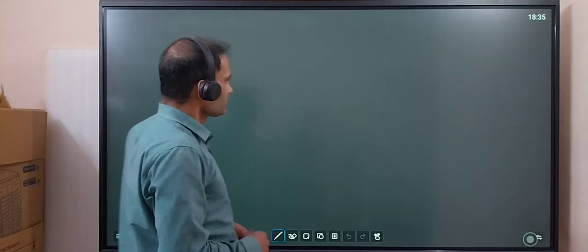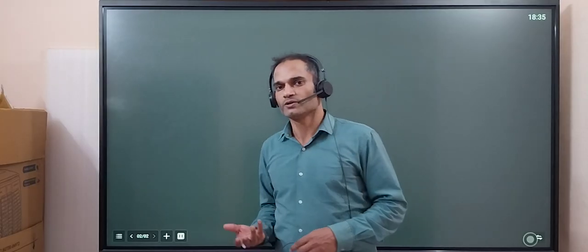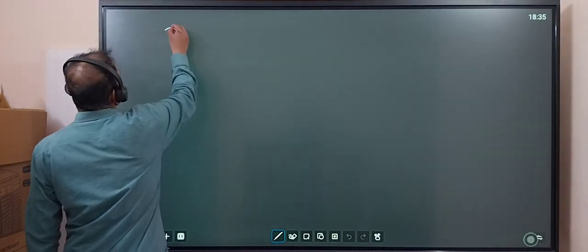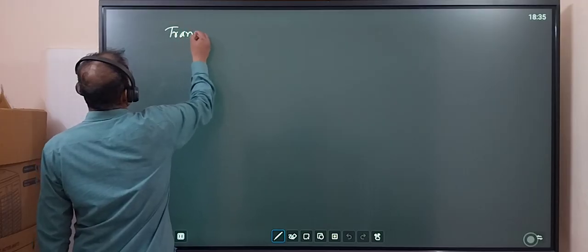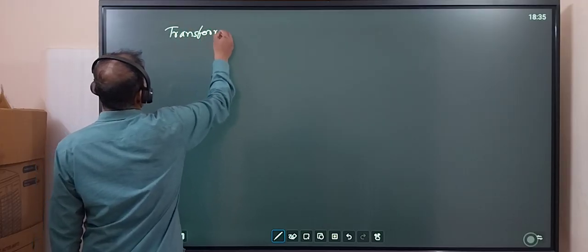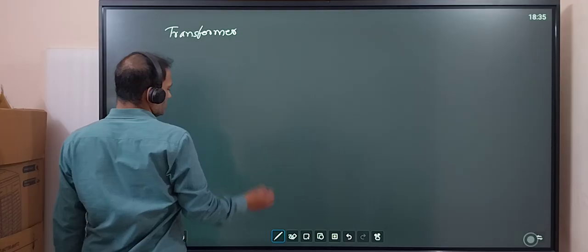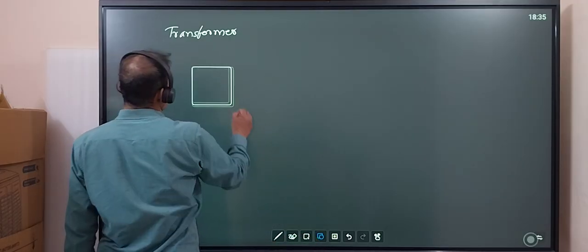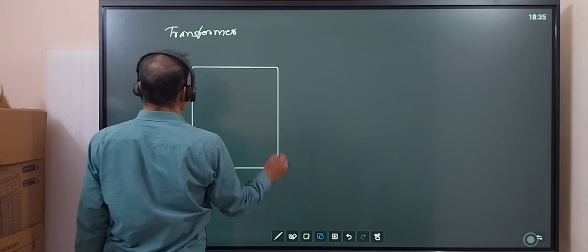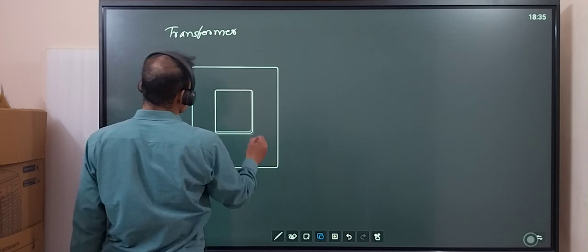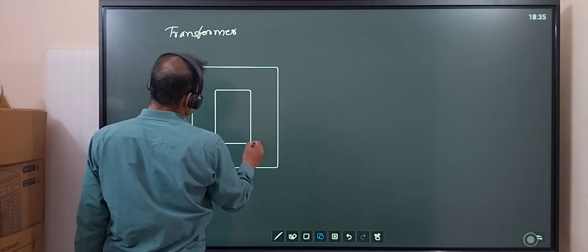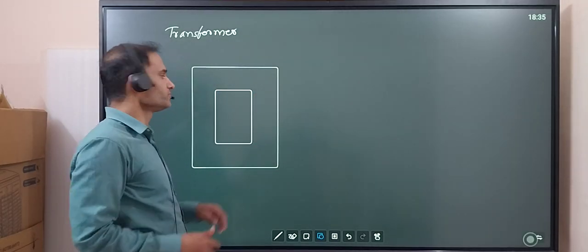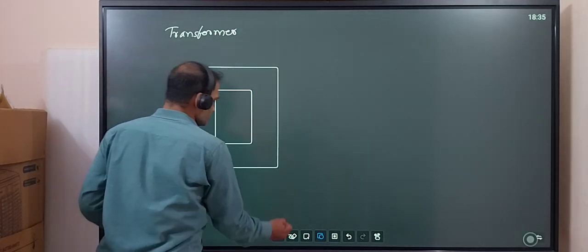So let us start. How will the transformer look? We have a soft iron core. I am not drawing a 3D picture, I am drawing a 2D picture. So this is not a plate, this is a limb.